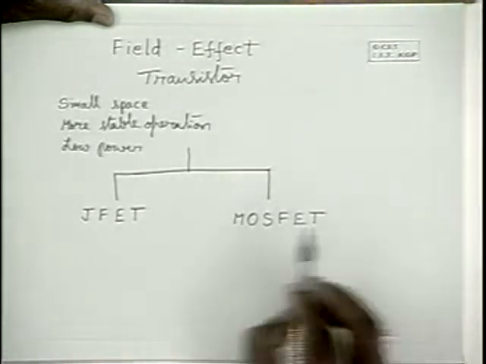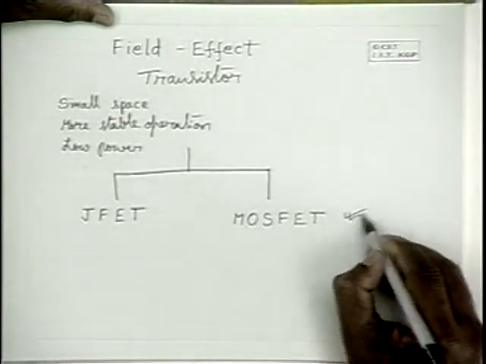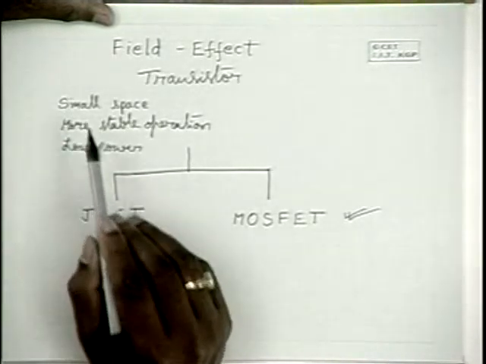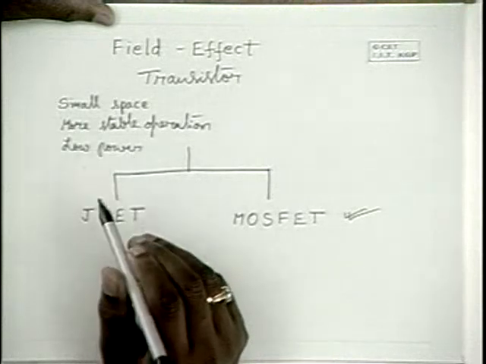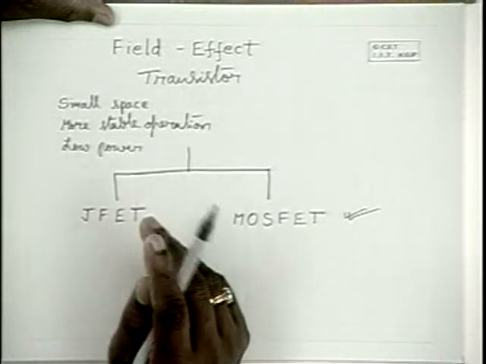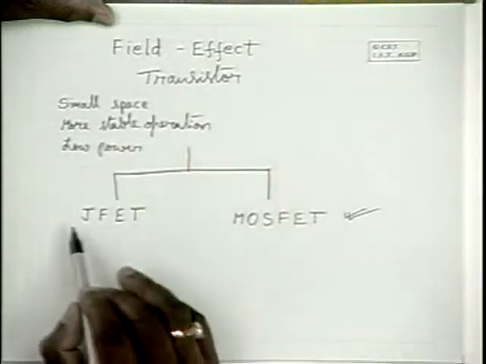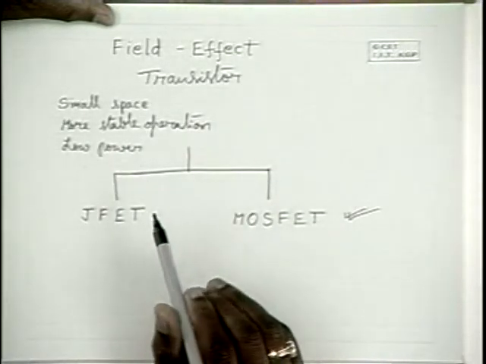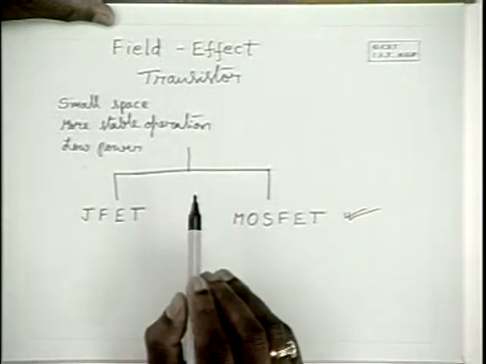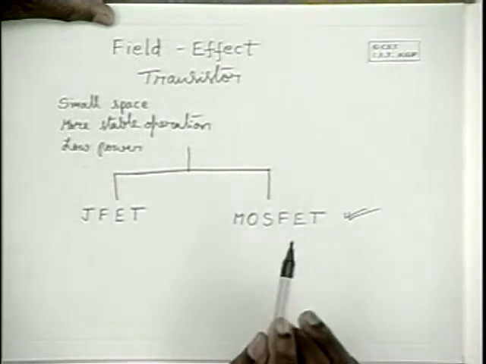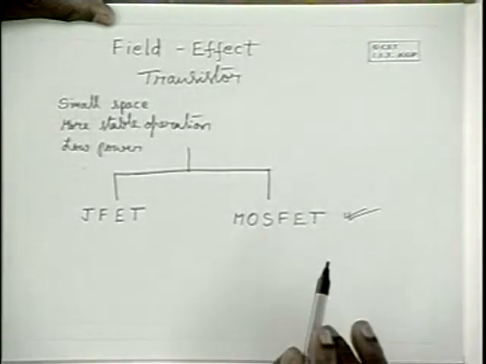In fact, out of these two categories, it is the MOSFET which gives you the advantage of small space and very low power. Okay, but here in your syllabus we are going to discuss the junction FET, which is more used for amplification rather than switching applications, which is common with digital circuits like computer circuits.